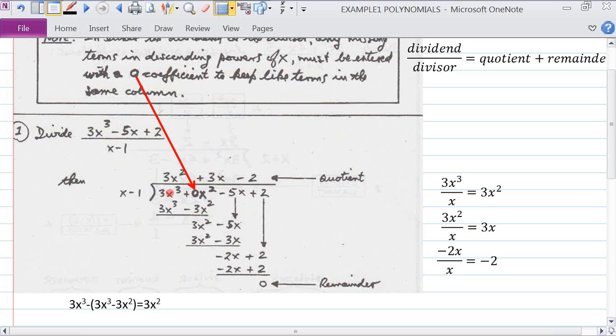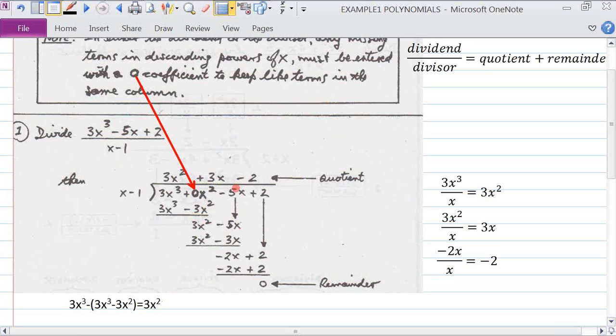So 3x cubed minus 3x cubed gives us 0 right here. 0 minus 3x squared gives us plus 3x squared right here as the remainder. And I've shown that right over here. 3x cubed minus 3x cubed minus 3x squared. So I'm taking 3x cubed and subtracting this, and I'm left with 3x squared.